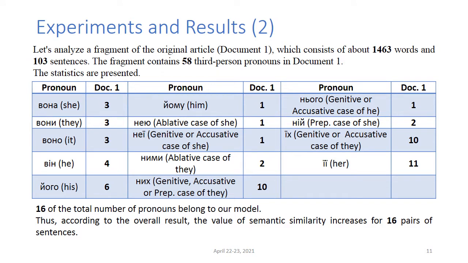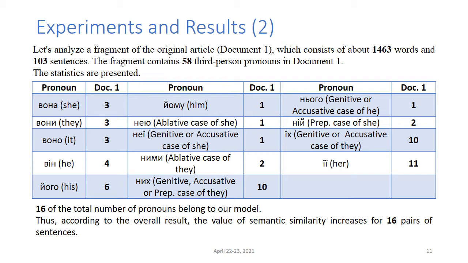On this slide, you can see the table with information about pronouns for one document from our corpus. So for this document, we have 1,463 words and 103 sentences.